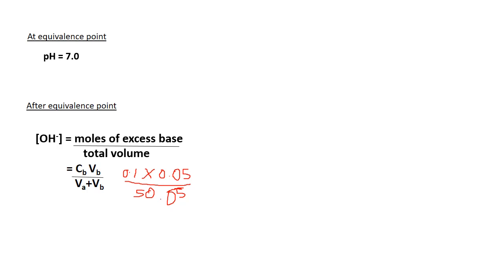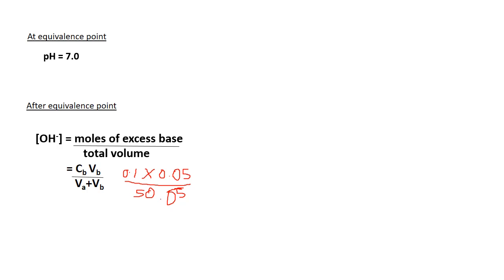The concentration of base, as you know, is 0.1, and we have to multiply it by the volume of the excess base. So I'm writing it like this: 0.05, that means the one drop from the burette.